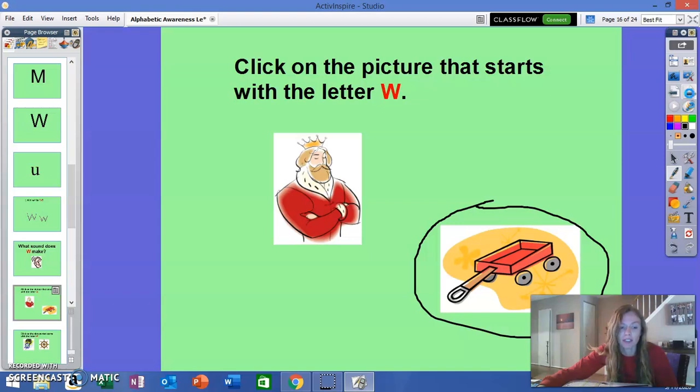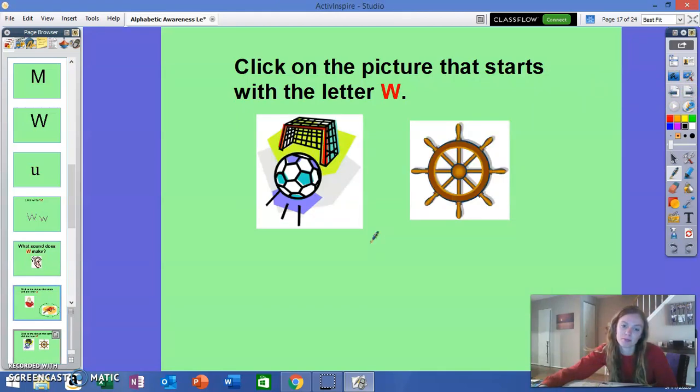Our next two pictures are a wheel and a soccer ball. Wheel and soccer ball. Point to the one you think starts with w.